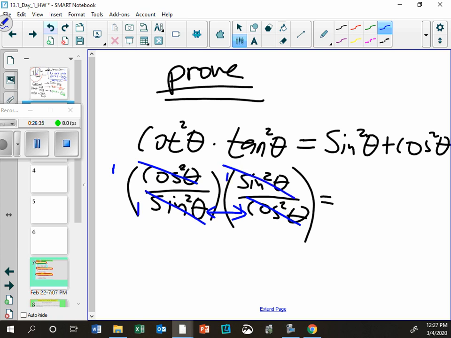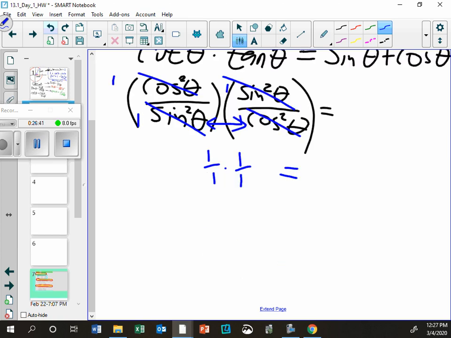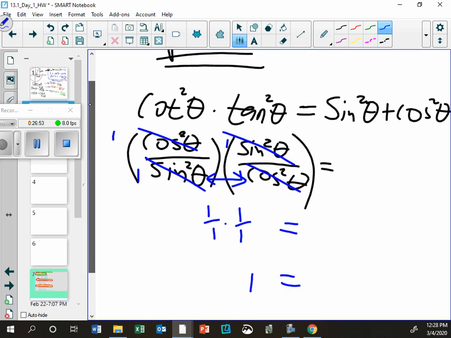And then I would want you to show that 1 over 1 times 1 over 1 is what you have left. And then that, of course, does simplify to 1 equals, and then you might be like, but wait, I still don't have sine theta plus cosine theta. Can't I replace 1 with?